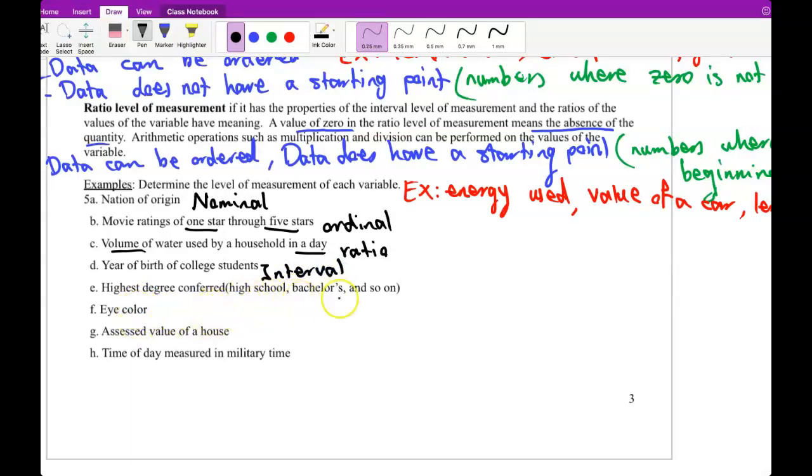We have all these, so this is ordinal. Part F, we had exactly the same example. Eye color is nominal. Value of a home, again, we had this one on top, is ratio. And last one, time of day measured in military time. This is interval.